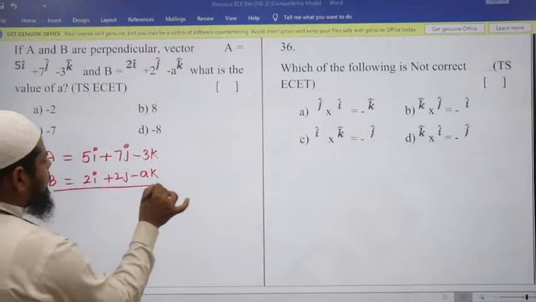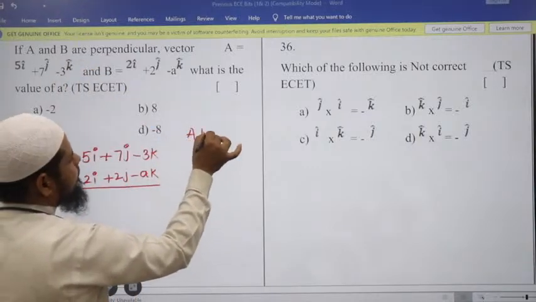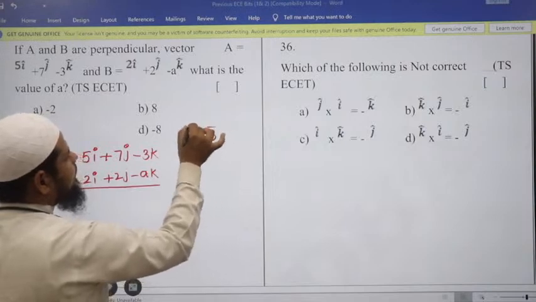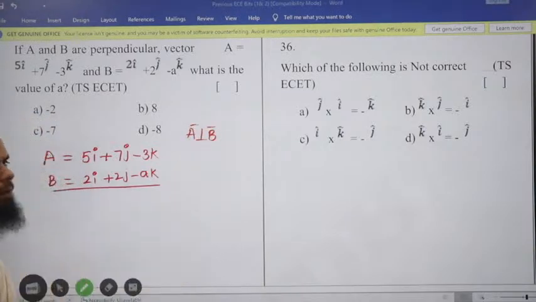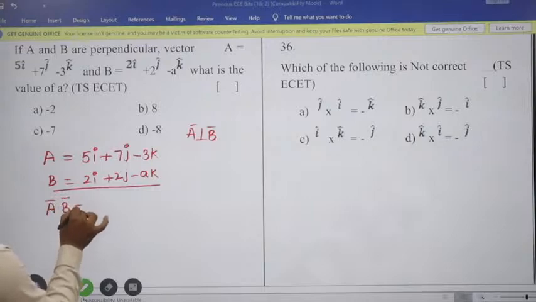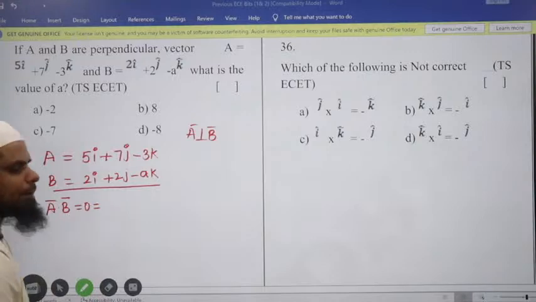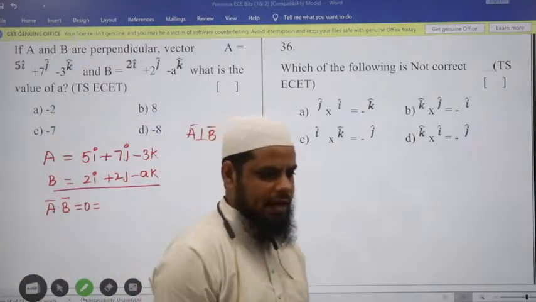So these a and b are perpendicular to each other. What is the condition? If vectors a and b are perpendicular, then the dot product a dot b is equal to 0. So can you guess the answer please?